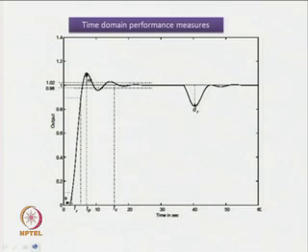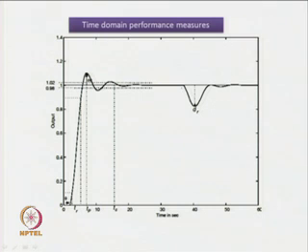Whether those are true or not, let us see. From the simulated result, we can see that the closed loop response of the system is obtained as shown over here, where we have got the overshoot, undershoot. Before settling down, the output has got overshoot, undershoot, overshoot, little bit of undershoot over here before settling down to the reference value.